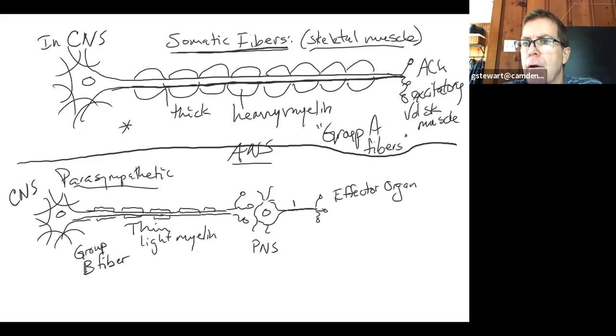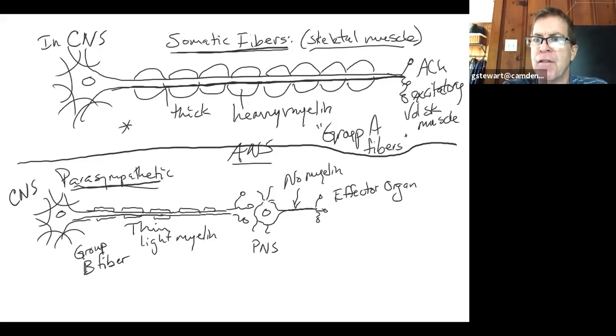This right here, no myelin, so it's unmyelinated. In the parasympathetic division, it's short. This guy, the first one, always releases acetylcholine right here in this synapse.